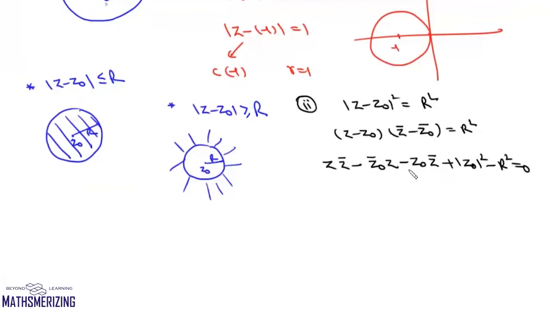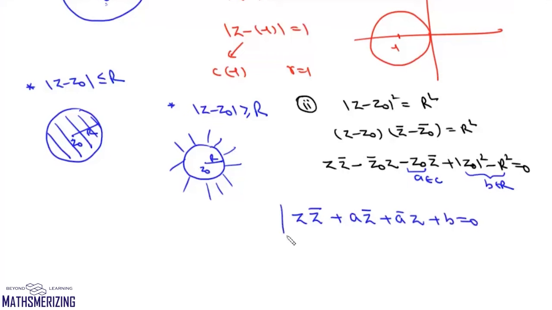Now we take minus z naught as a, which is some complex number, and this is some b, which is a real number. We can write this equation as z z bar plus a z bar plus a bar z plus b equals 0.